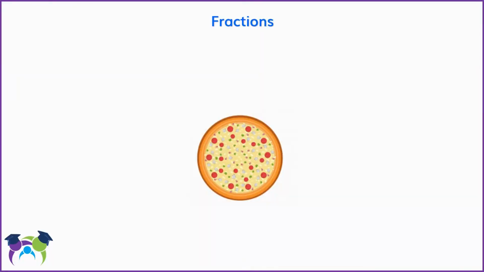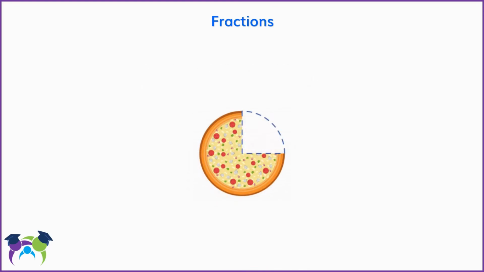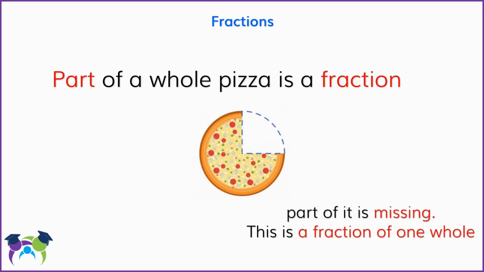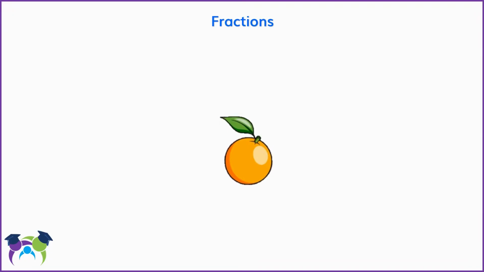So let's dive in. Here we have one whole pizza. Here we have part of a whole pizza. This is called a fraction. Part of it is missing. So this is a fraction of the whole. Here we have one whole orange.